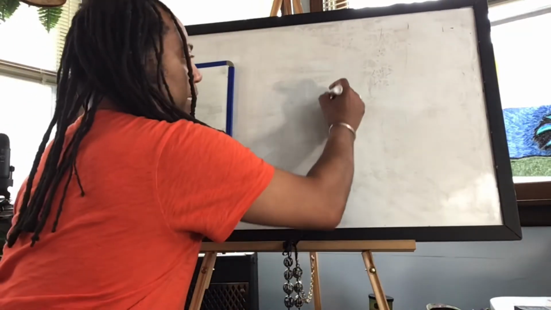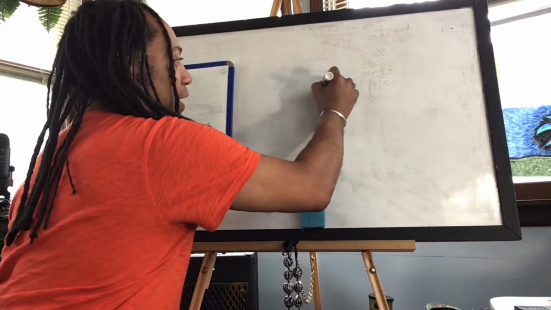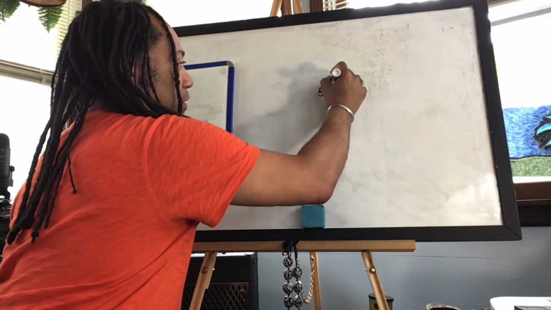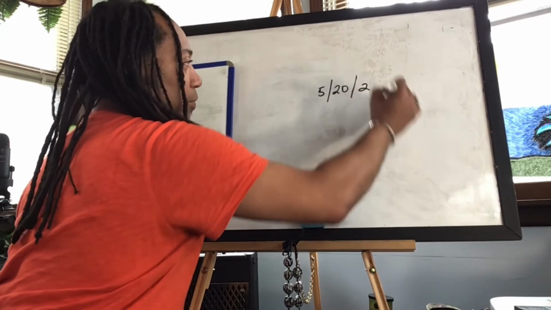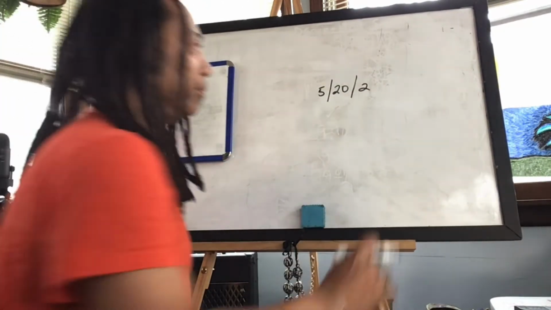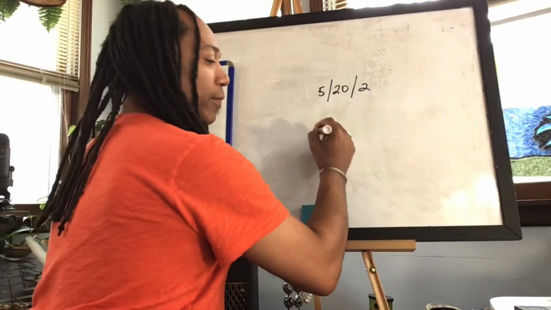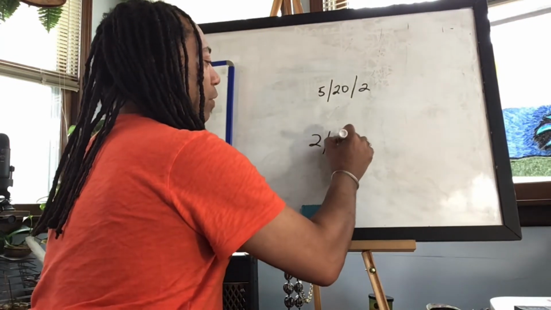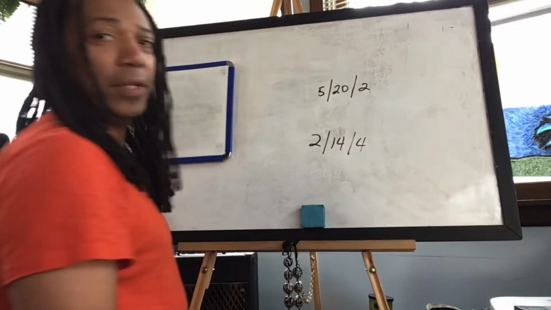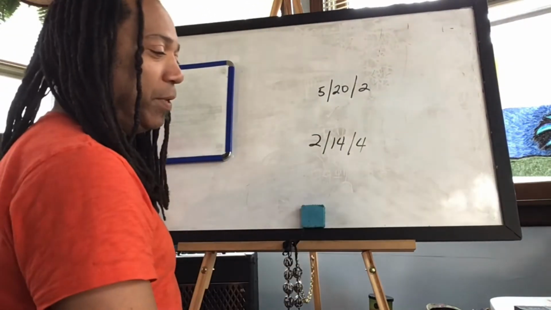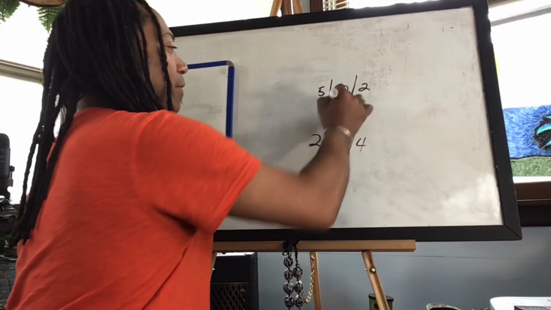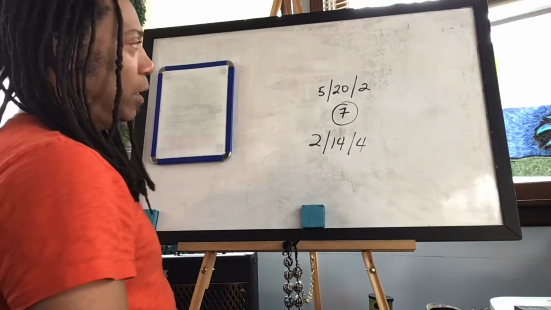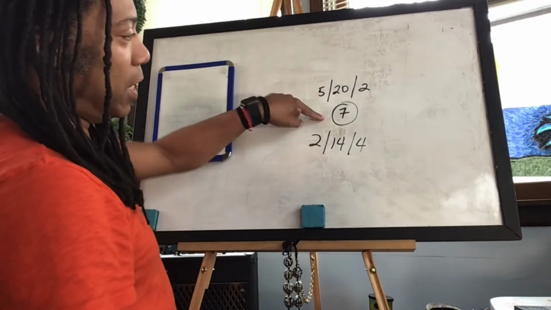So we have a 5, a 20, and a 2 in one set. There's a 2, a 14, and a 4 in the other set. And the number between them that we're trying to get, 7. That's our target number. 7. That's an odd number.